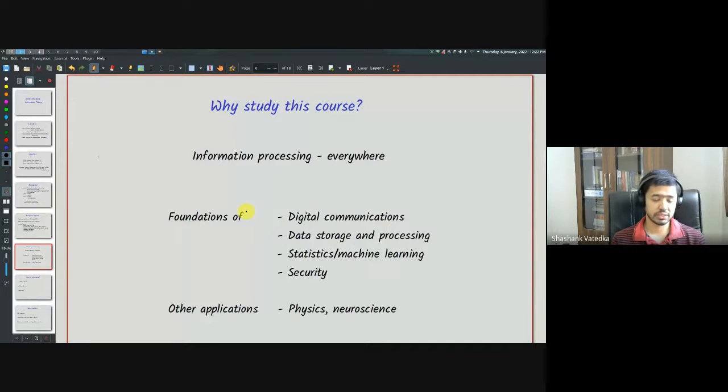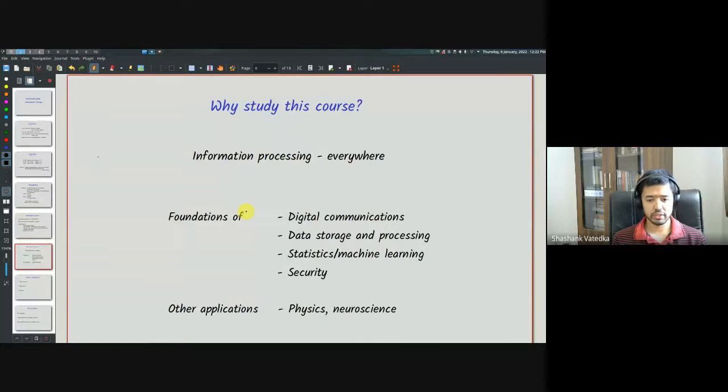It's also used in security. In fact, one of the very early papers on security was by Claude Shannon, where he formally defined what it means for a communication system to be secure. So information theory governs the basic principles of many of these fields.